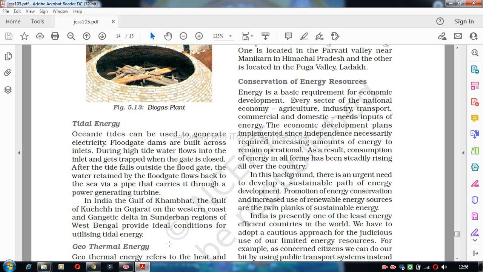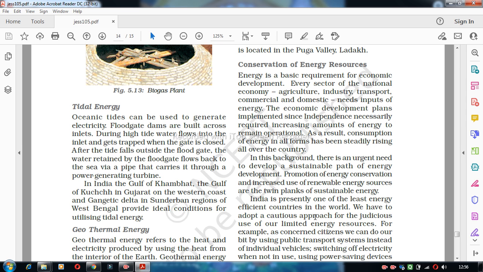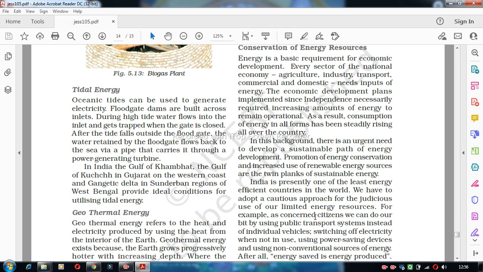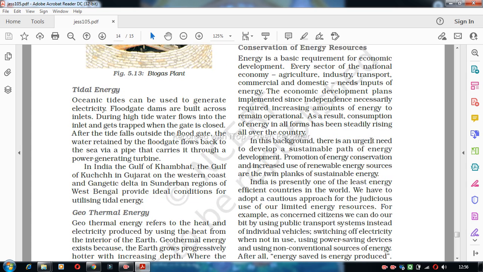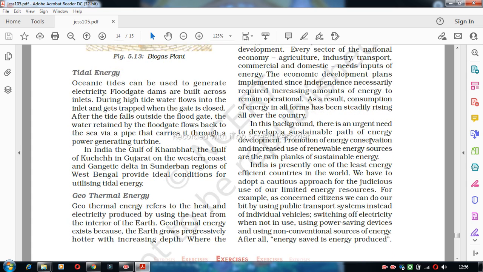So for every sector in our national economic growth, just like agriculture, industry, transport, commercial and domestic purposes, we require energy, and we are using energy for growth and development. So a judicious use of these is needed. For that purpose, we need to conserve and preserve the energy resources.